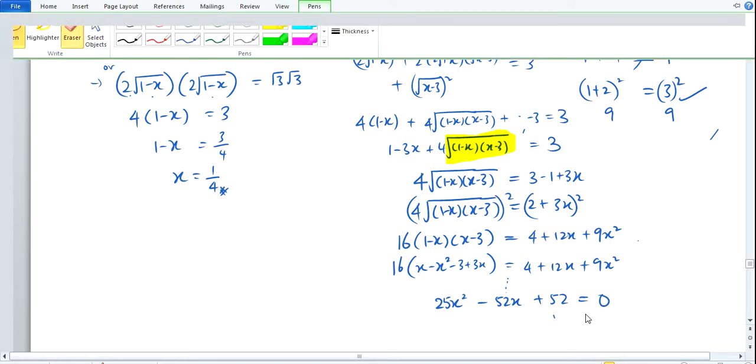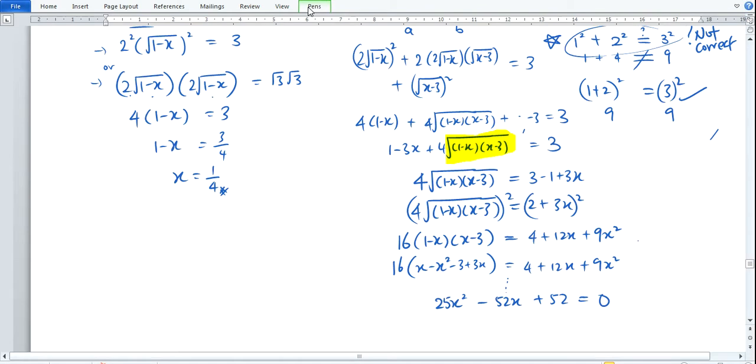Now finally, we are ready to solve this quadratic equation to find our x. Because the numbers are quite big, I'm just going to use the formula to find x. So minus b plus minus square root of b squared minus 4ac over 2a.